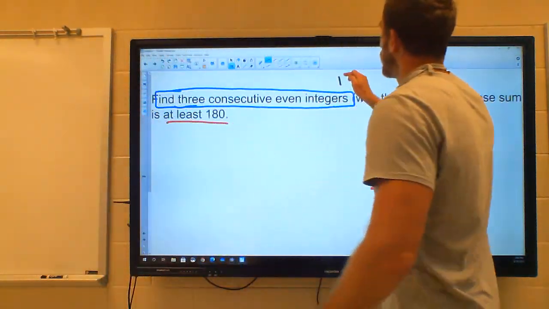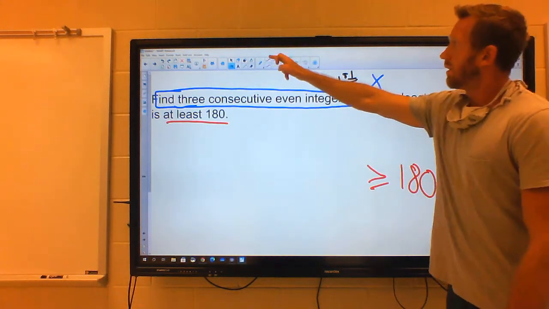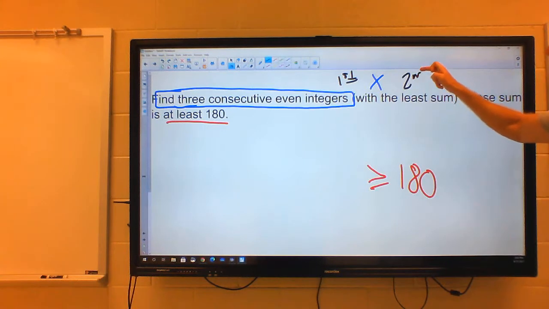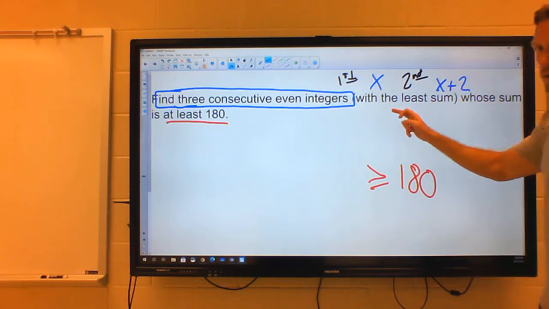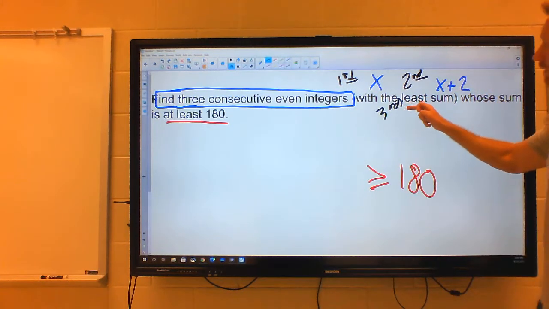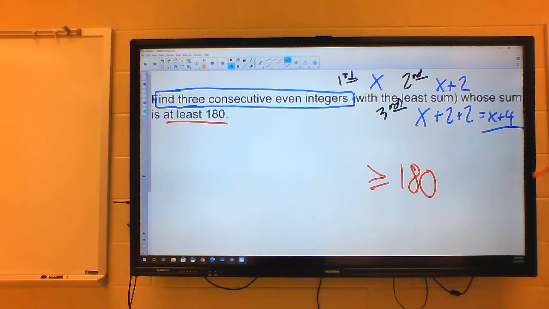Meaning, whatever we choose for our first even number, x, our second one is going to be 2 above that. And our third one is going to be 2 above that. So x plus 2 plus 2, which is really x plus 4. Okay?